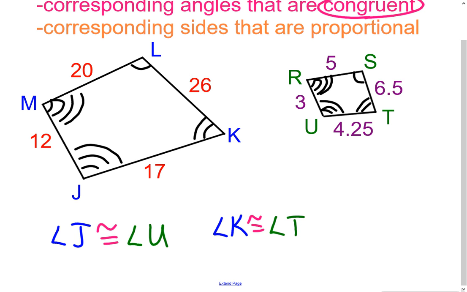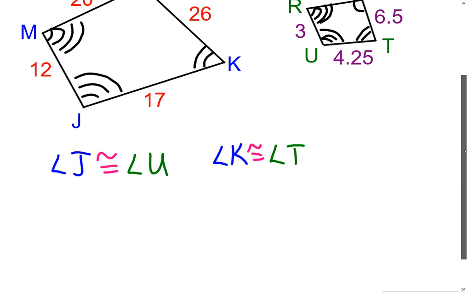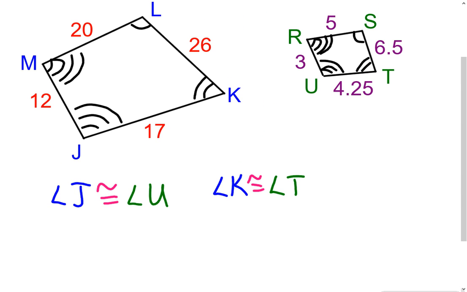So far it's looking pretty good. Then I keep going around to get a little more space. Now I'm on to angle L. Angle L has the single arc up here, so I come over here and find the angle with the single arc. That's angle S right there. So angle L and angle S are the congruent angles.